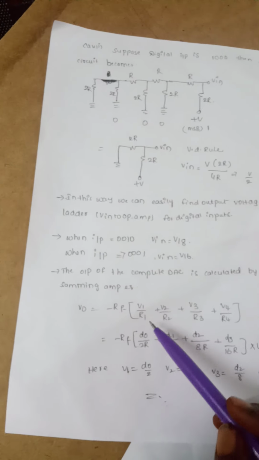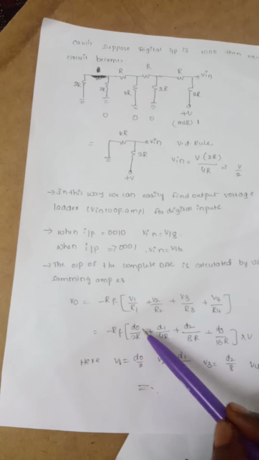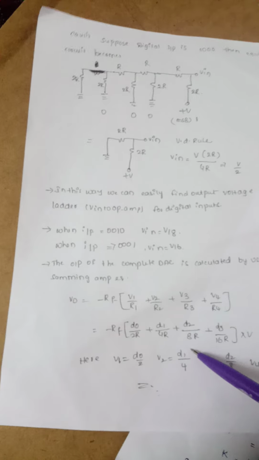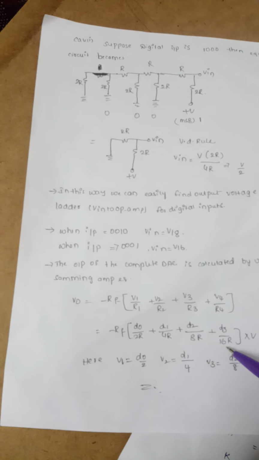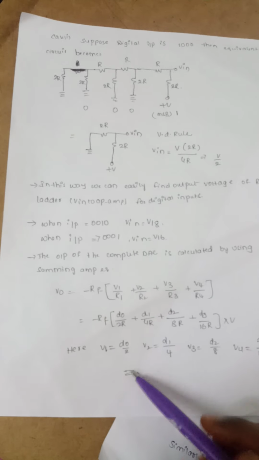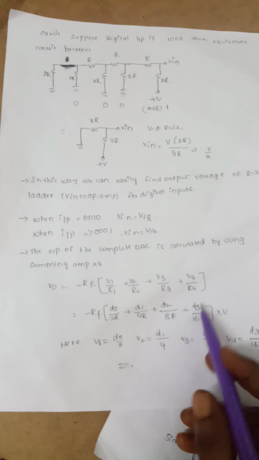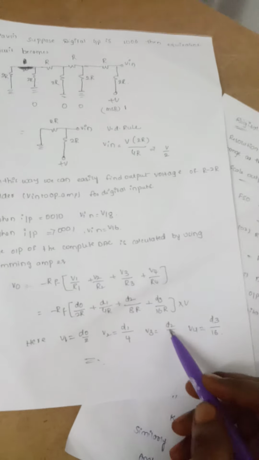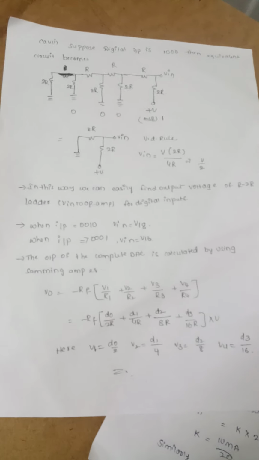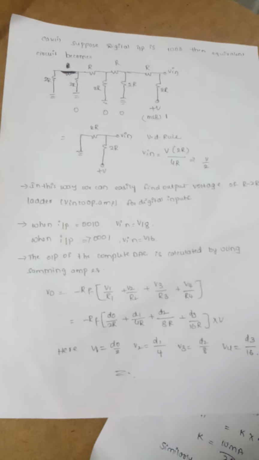Here minus RF into D0 by 2R plus D1 by 4R plus D2 by 8R plus D3 by 16R into V. Here V1 equals D0 by 2, V2 equals D1 by 4, V3 equals D2 by 8, similarly V4 equals D3 by 16. From that we can convert digital information into analog.